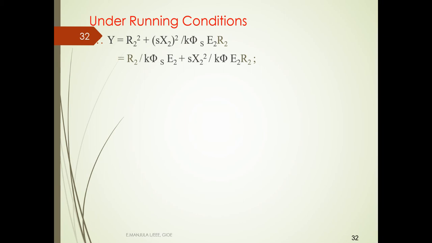Here it is taken as y, that is R2 square plus Sx2 whole square divided by K phi S E2 R2. So R2 by K phi S E2 plus Sx2 whole square divided by K phi S E2 R2.